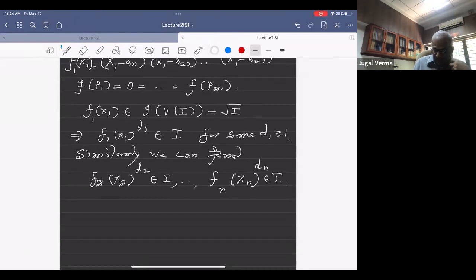So therefore, the ideal was generated by some polynomials which may involve many variables.